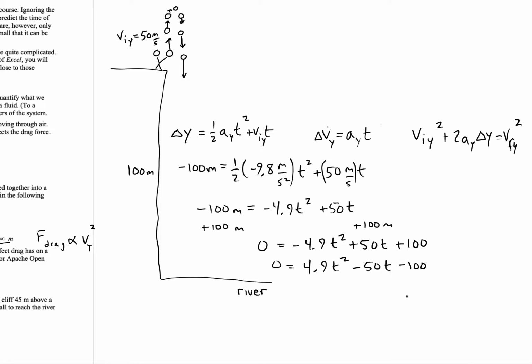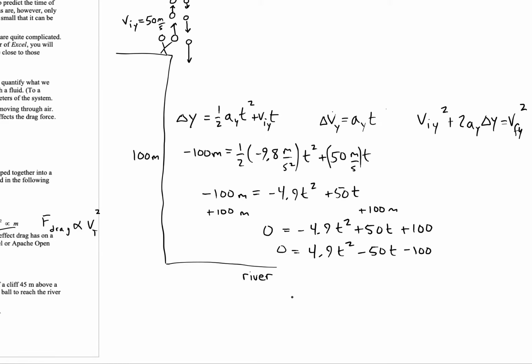And then you're supposed to plug into the quadratic formula, which is negative b plus or minus the square root of b squared minus 4ac, over 2a.